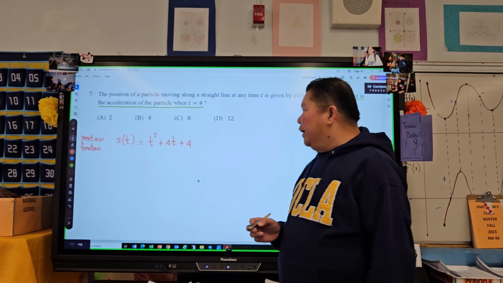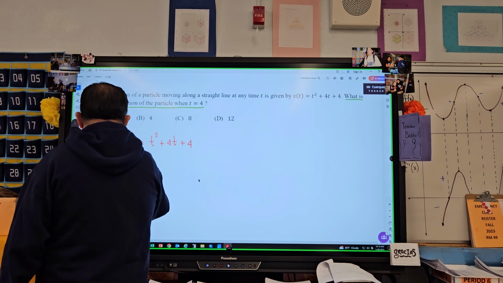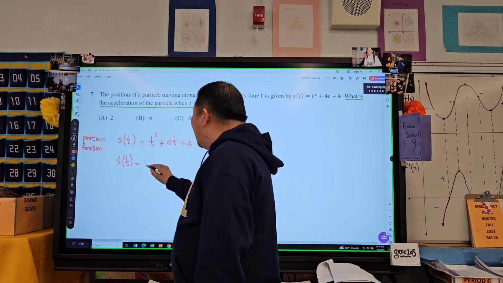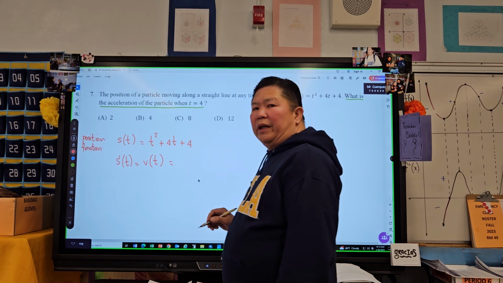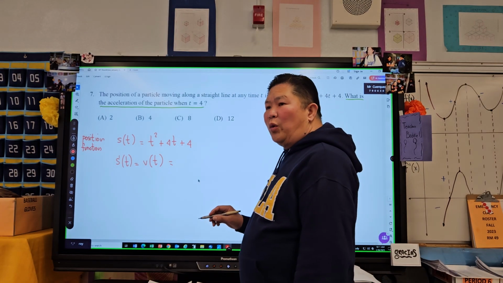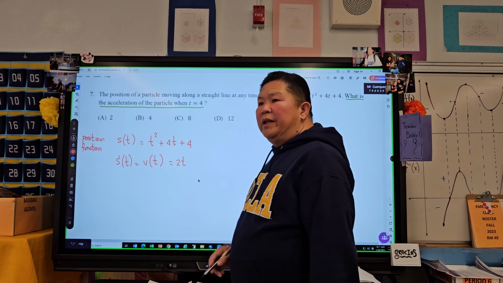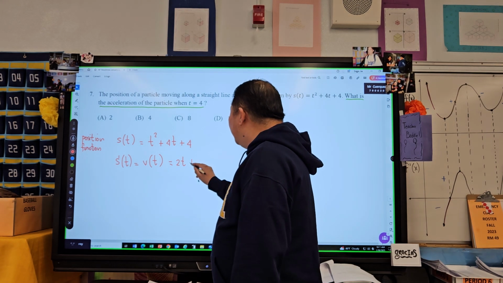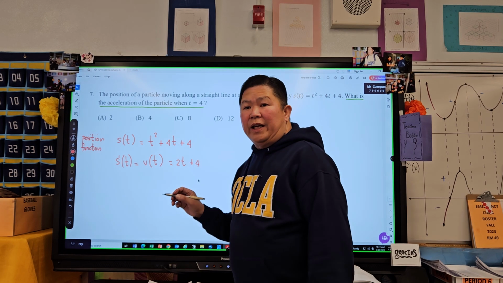So we say s prime of t is equal to the velocity, v of t. The derivative of t squared is 2t, and the derivative of 4t is 4. So this is the velocity.